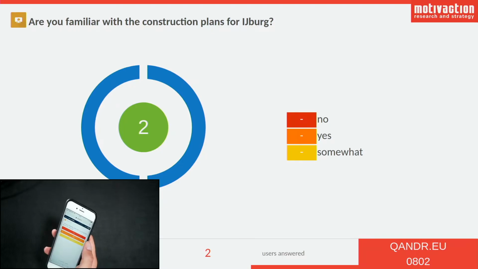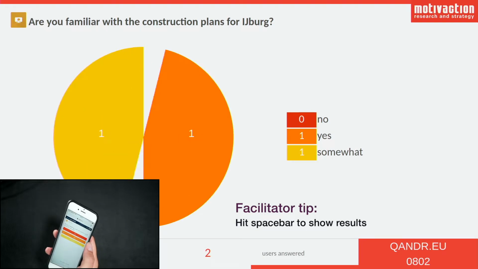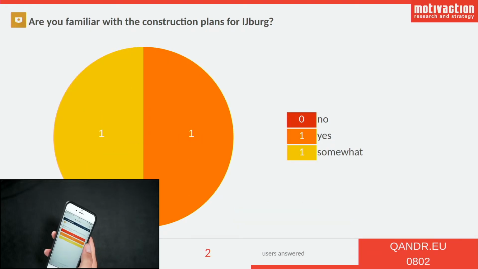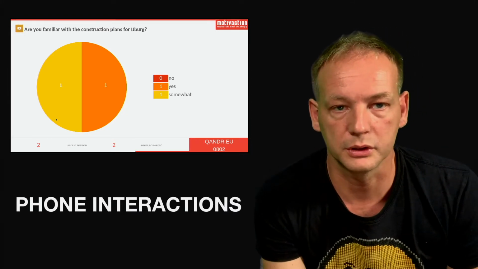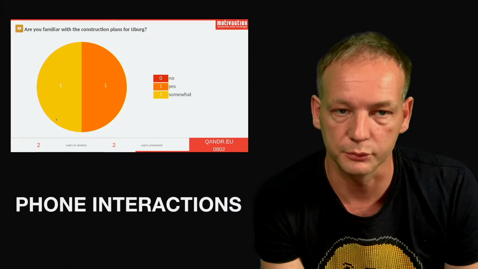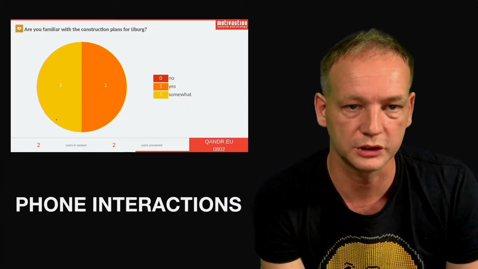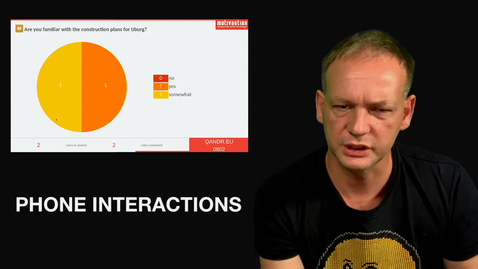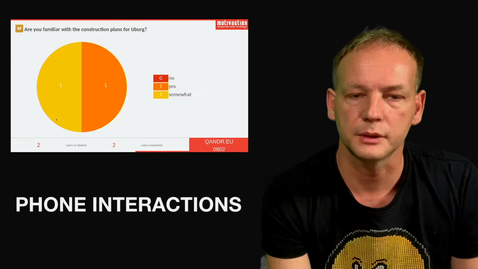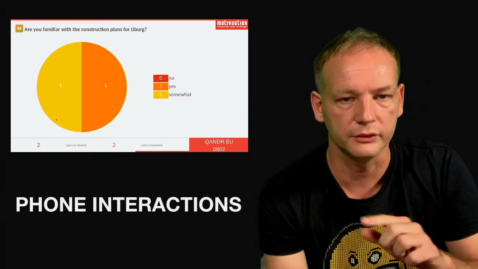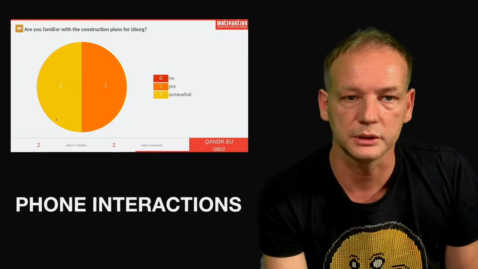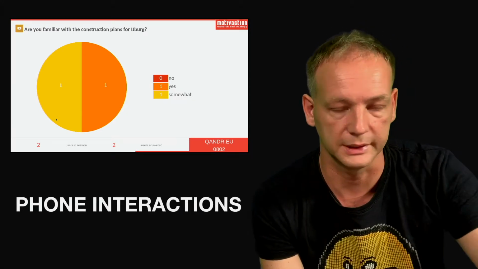If I hit the space bar as a facilitator, it will show the answers. In this case we have two people: one is me, who is familiar, and there's somebody somehow familiar. So this is kind of a knowledge question. The poll is often used for that, so you know what kind of knowledge you have in the room. It's not really for discussion, but it is nice to have as a poll.